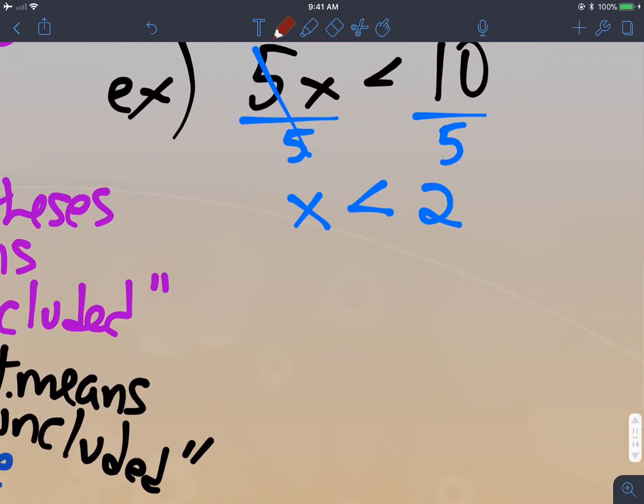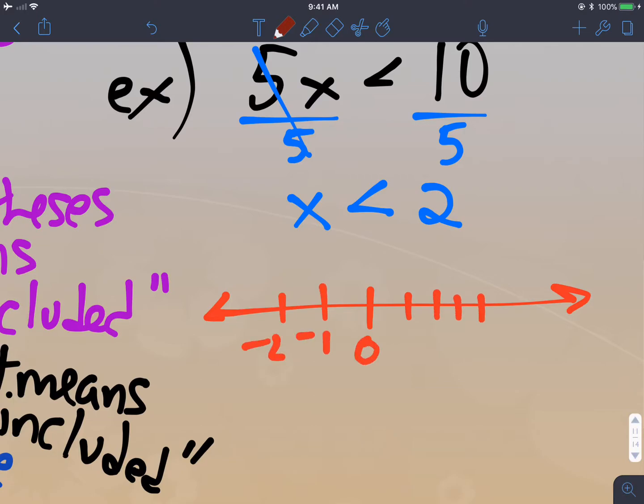Let's graph it first. So here's 0, -1, -2, up to 5. This says x is less than 2. So the 2 itself is not going to be included, which means it's going to be an open circle.